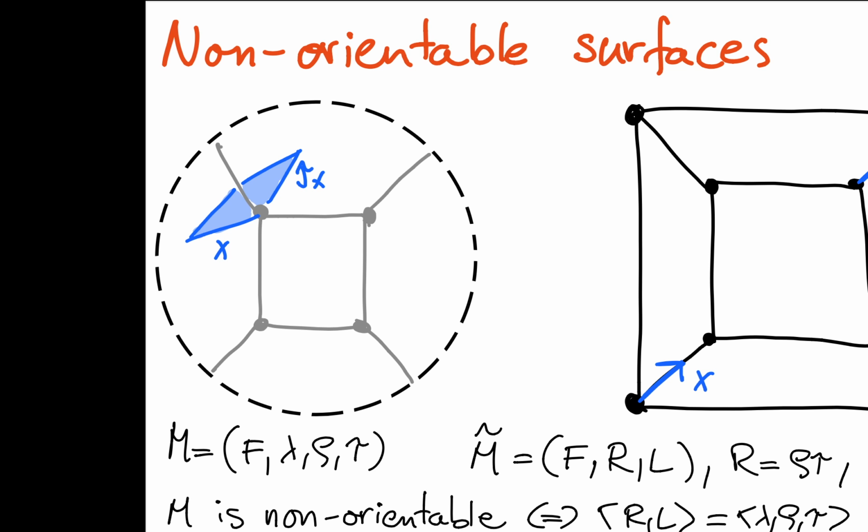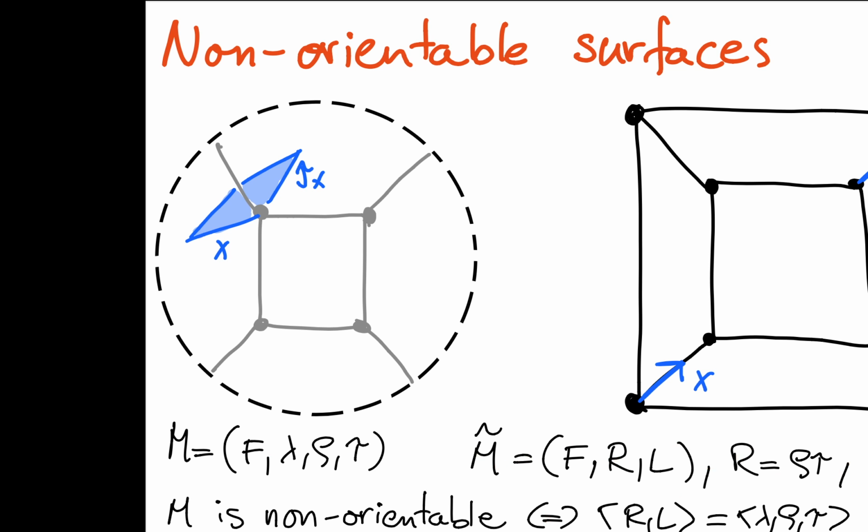The relation between the genus of the non-orientable and orientable surface can be expressed, which is the antipodal double cover of what. And it can be in fact shown that if we have a non-oriented map, we can construct the oriented double cover from the non-oriented map in the following way.